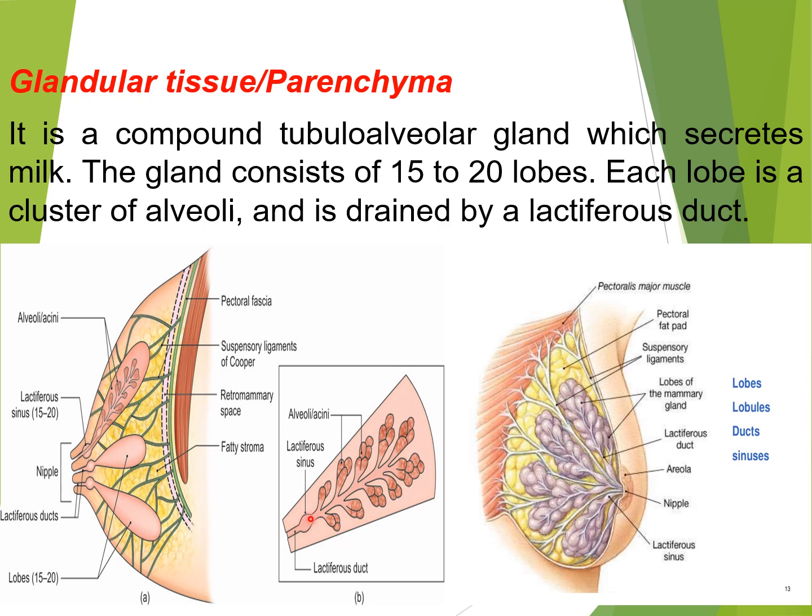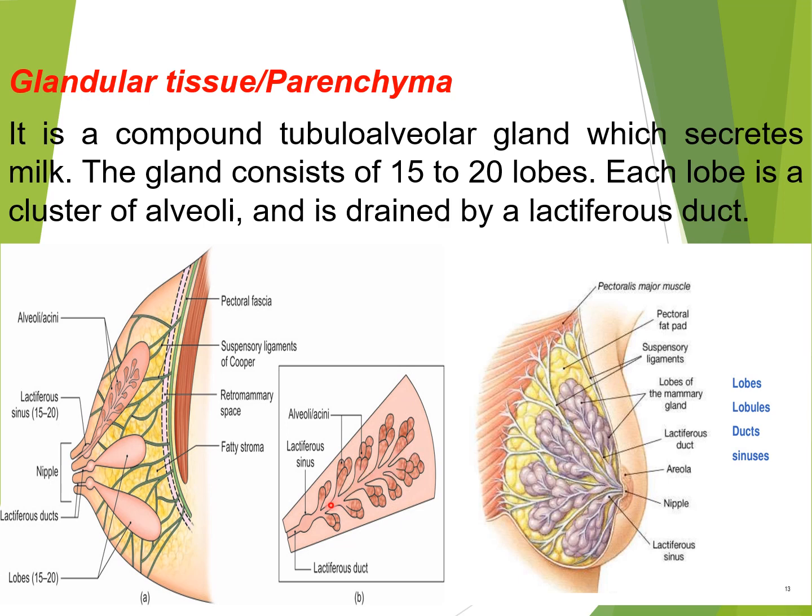Okay, so each segmental duct divides into a number of terminal ducts, and you see there are pouches of the secretory glands which are in the form of grape-like clusters.